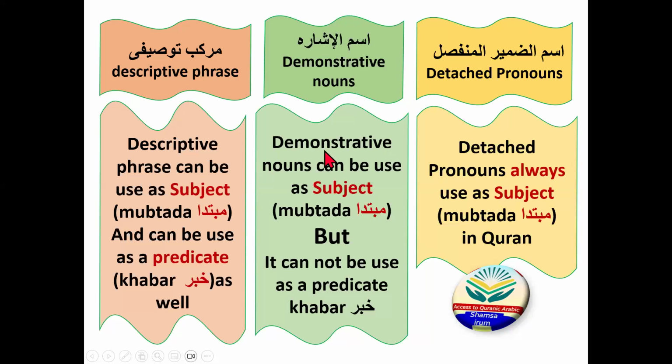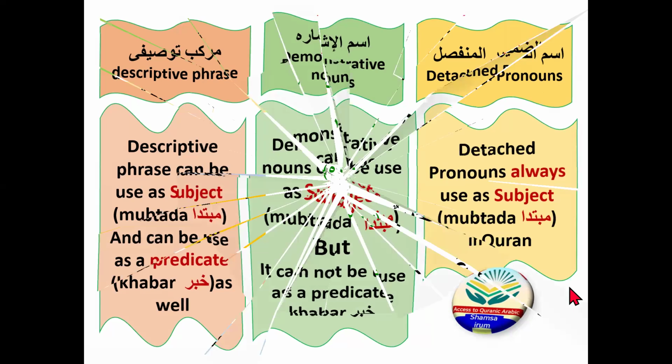While the ismul ishara can be used for other things as well, which we will learn later on inshallah, when we start the jumla fi'liya, then it can be used as a fa'il or maf'ul or other things. All right, so at the moment, this is the summary of today's topic.